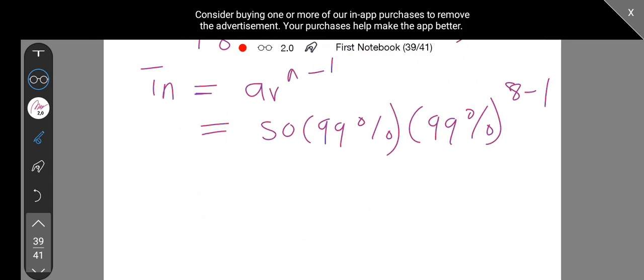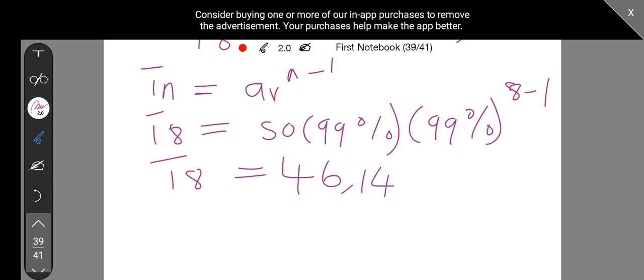We are going to punch all that on the calculator. That is T8; T8 means the amount that will be left after the 8th hour. So 50 multiplied by 99% times 99% to the power of 8 minus 1, and that gives us 46.14. The answer there will be 46.14.